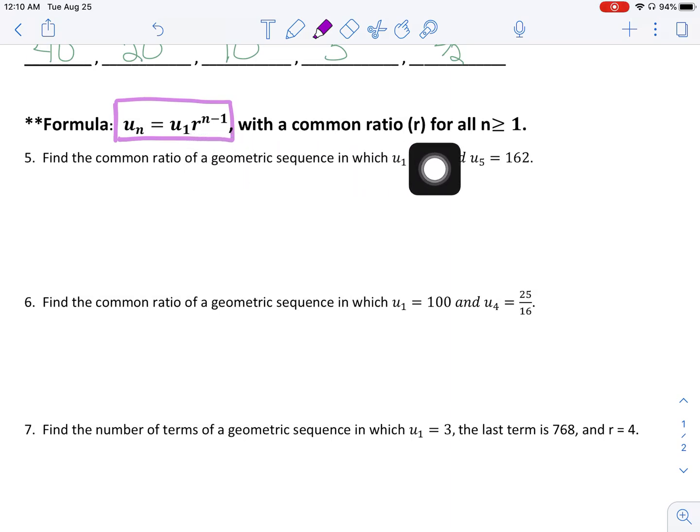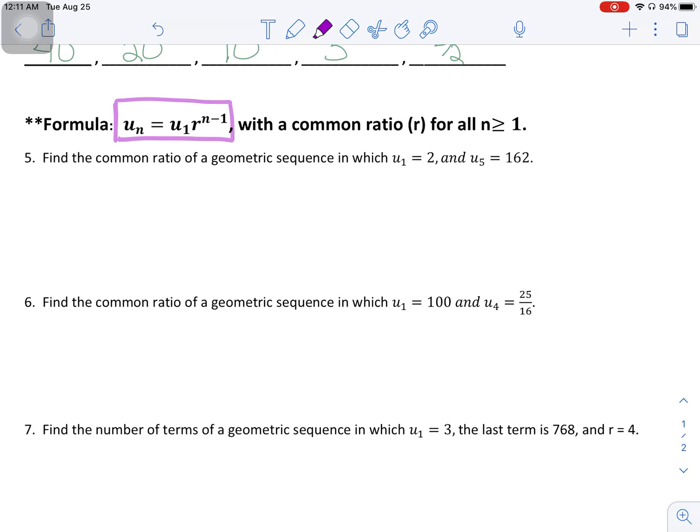And your n value has to be greater than or equal to 1. It's kind of goofy, but you can't have a sequence with no terms in it. So if n was less than 1, you would end up with negative term numbers, which is just a weird concept. So for this particular formula, n is greater than or equal to 1, so you actually have a sequence.